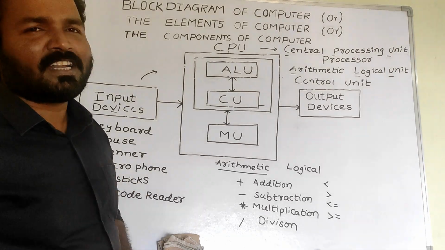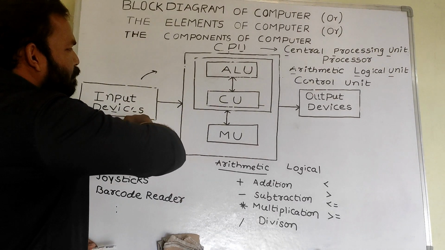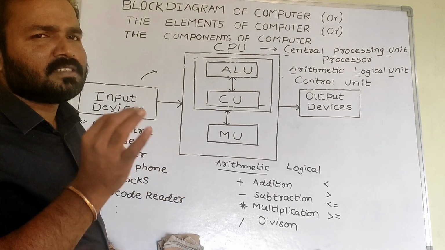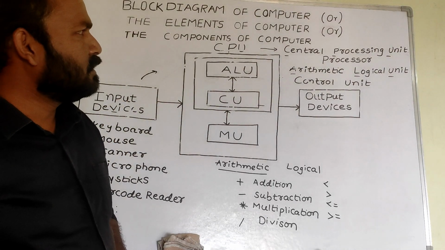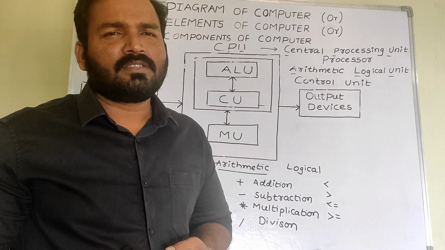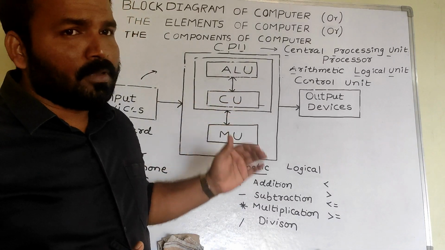Next, what is data? The input that is given to the computer is known as data. Okay, so that is data processing and data.